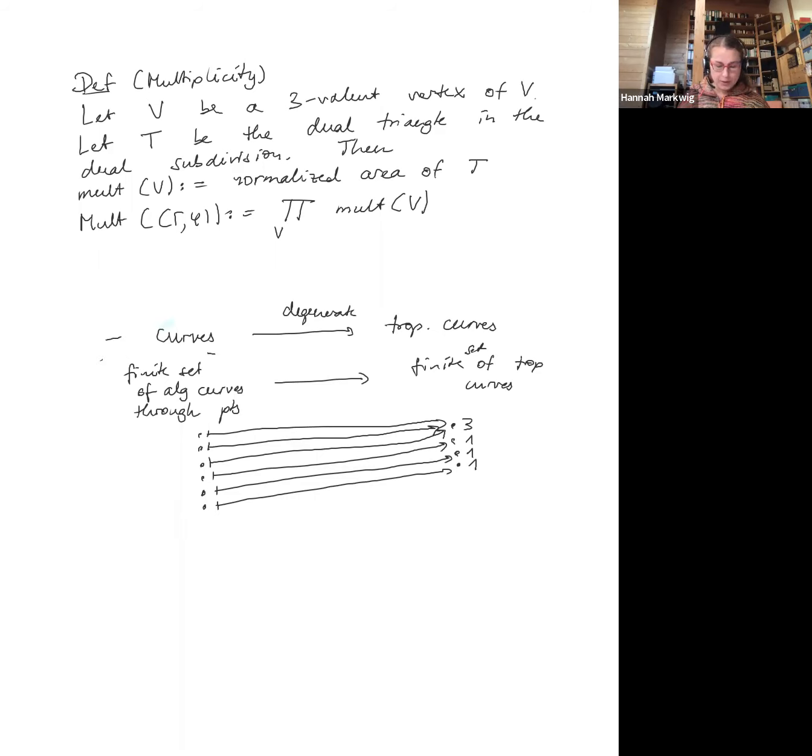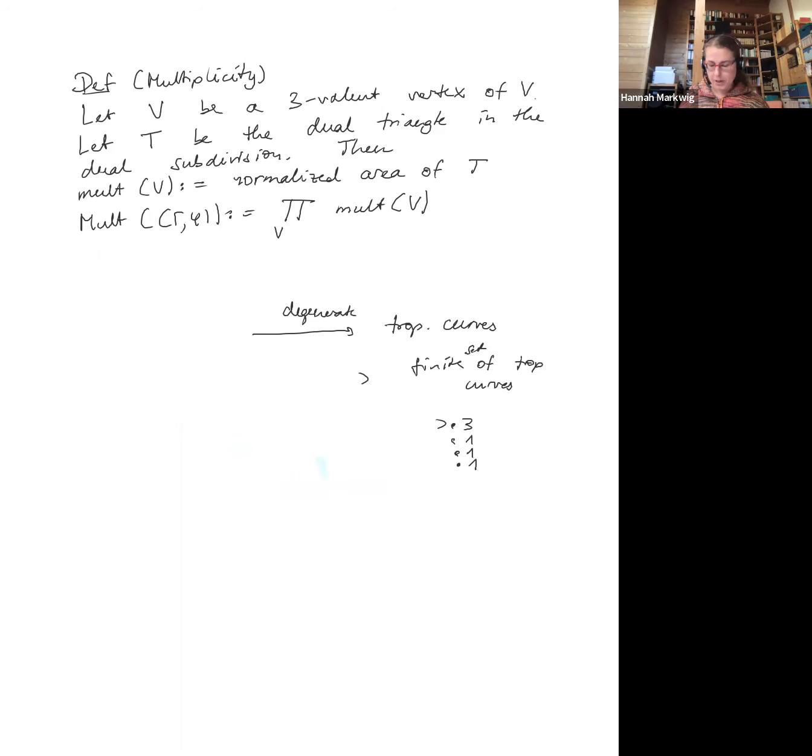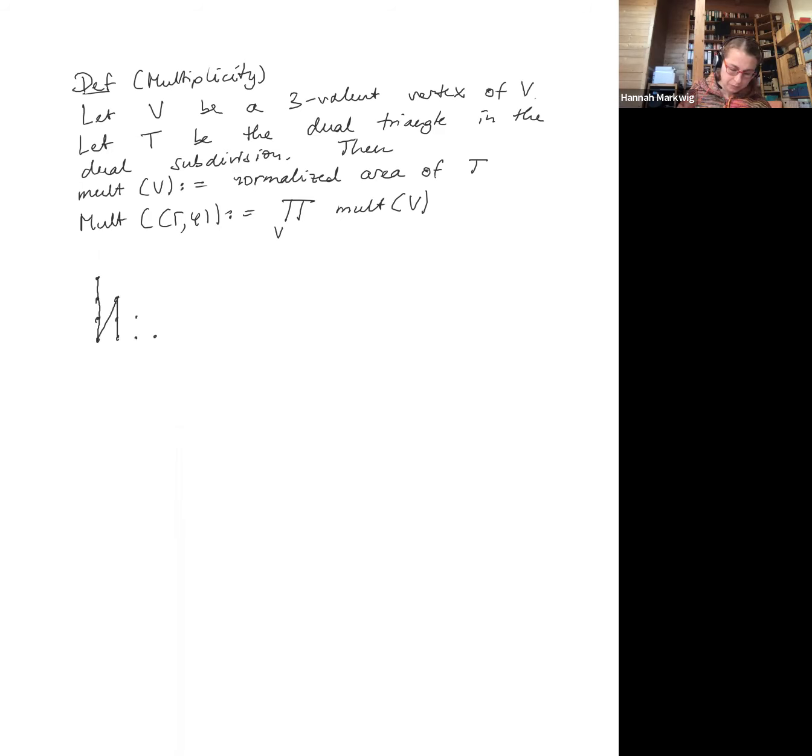So let me give you an example of this. And let me also explain what I mean by this normalized area. It's like a lattice area. So here's an example. Okay, so this is a cubic.